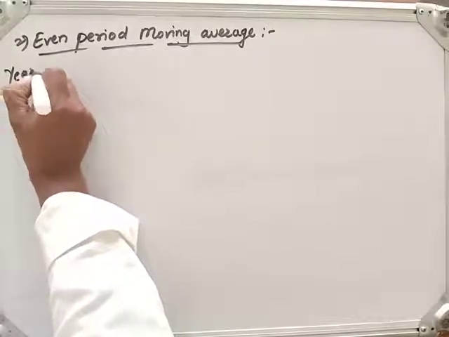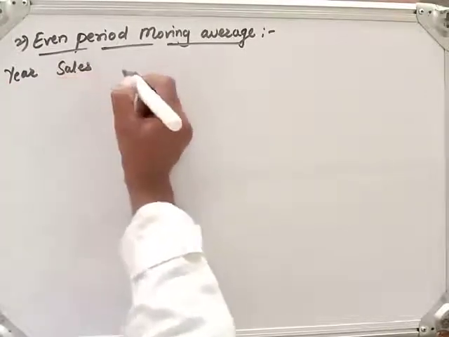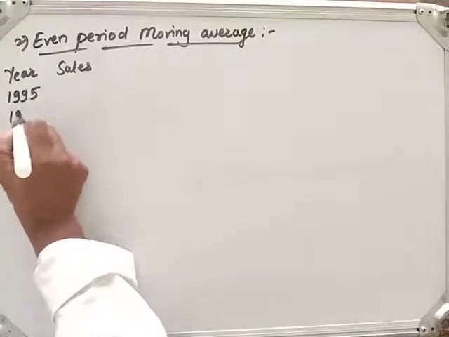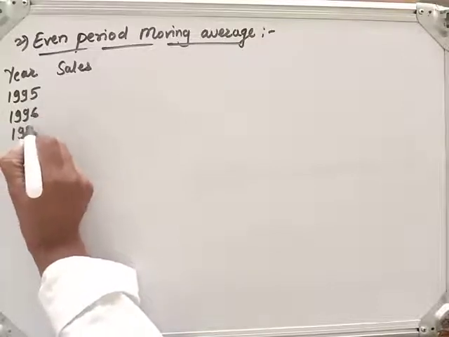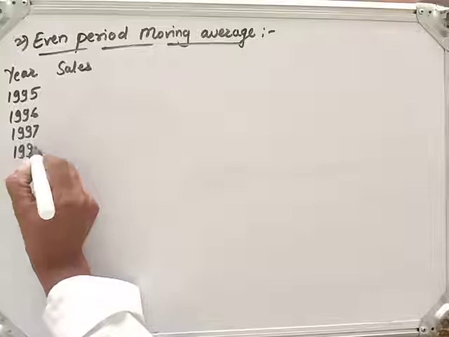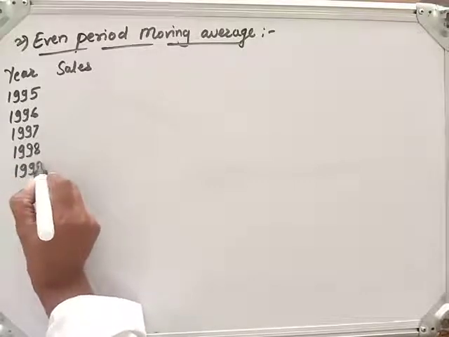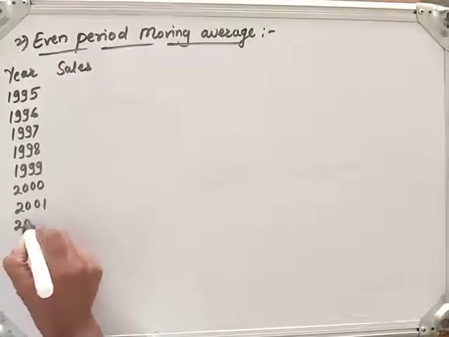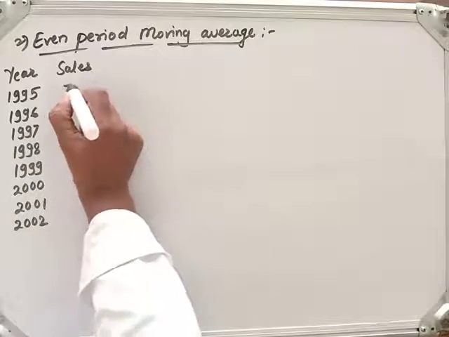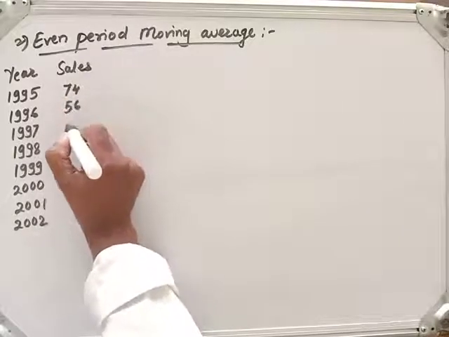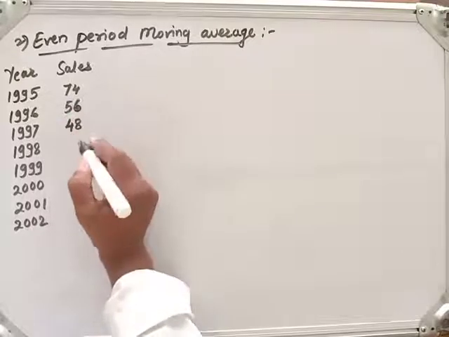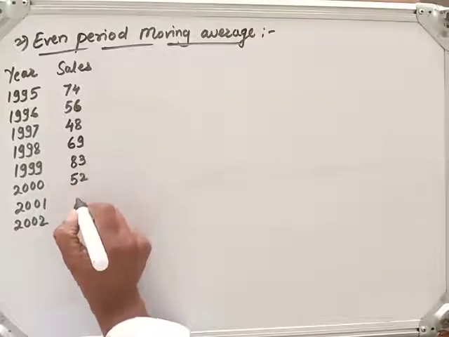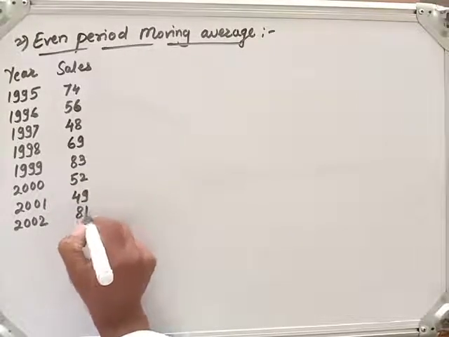Years, sales: 1995, 1996, 1997, 1998, 1999, 2000, 2001, 2002. Sales are 74, 56, 48, 69, 83, 52, 49 and 81.